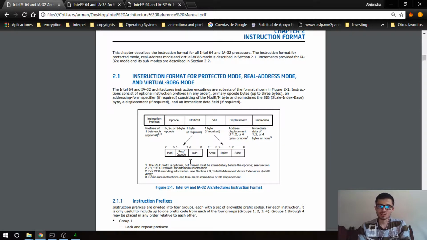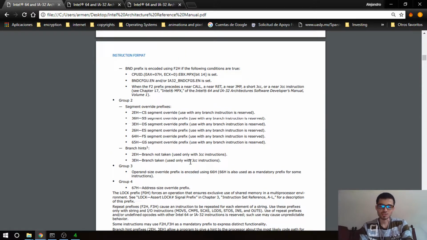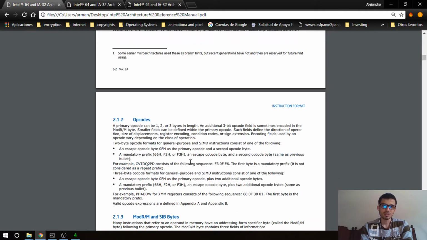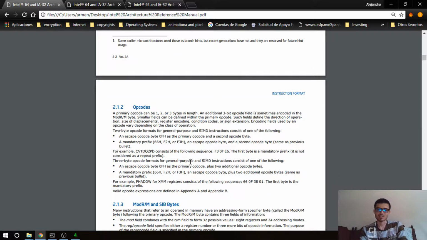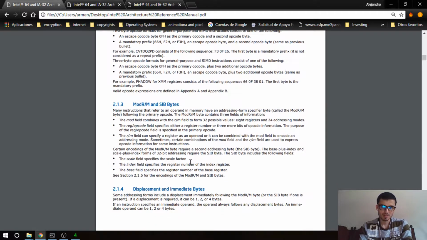And those 32 values encode the 32 possibilities for the ModRM sequence, which are 8 possible registers and 24 memory addressing forms. So there are 24 addressing modes. Interesting.